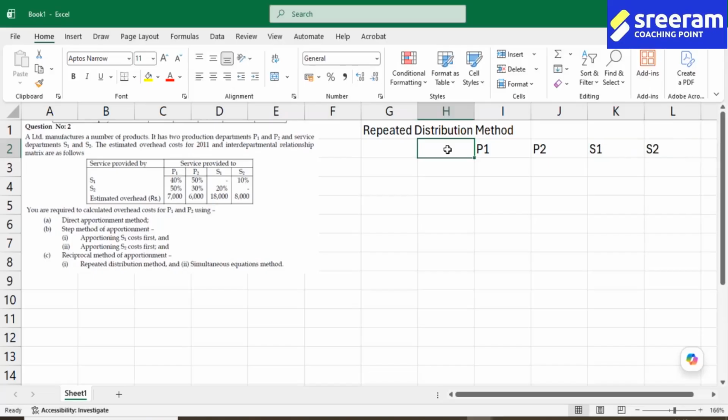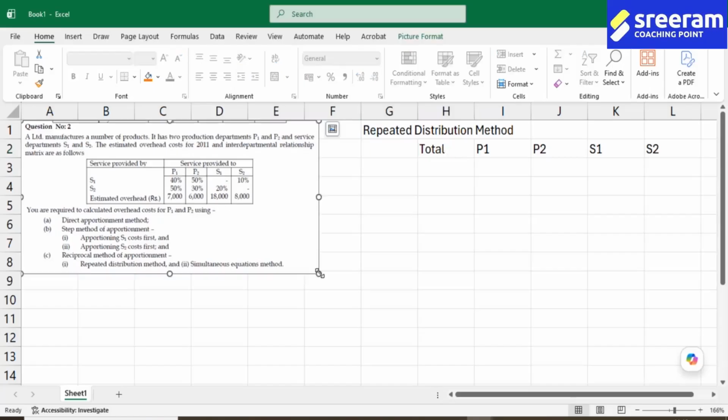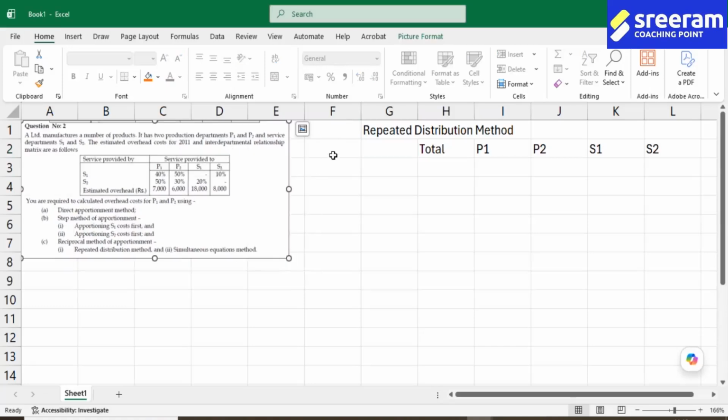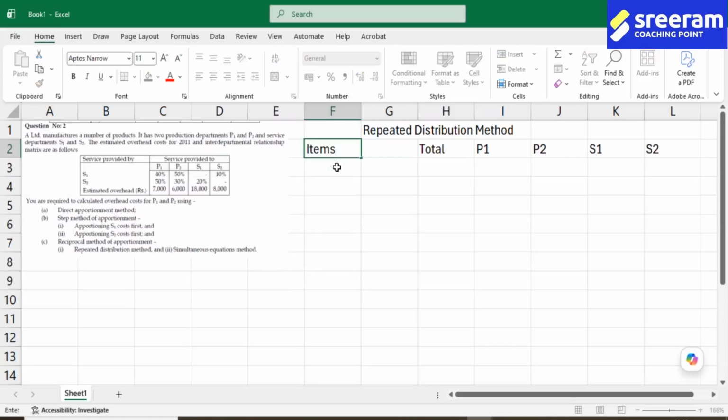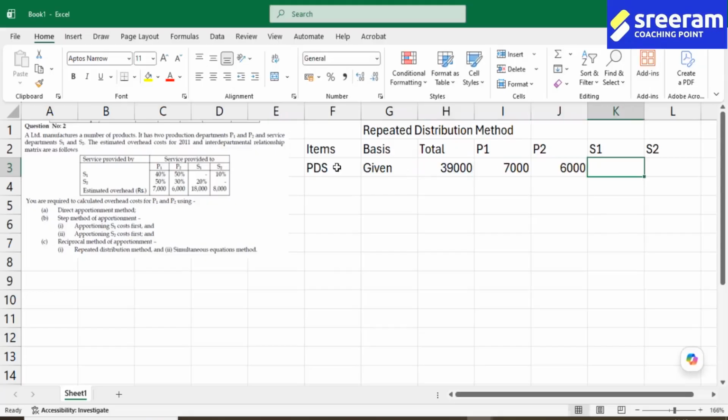We will have a total column and we will have items, basis, as per primary distribution summary. This is given. Total is 39,000 and it is 7,000, 6,000, 18,000 and 8,000.